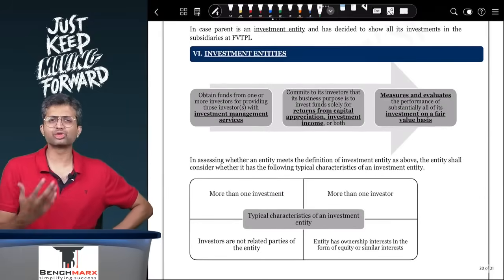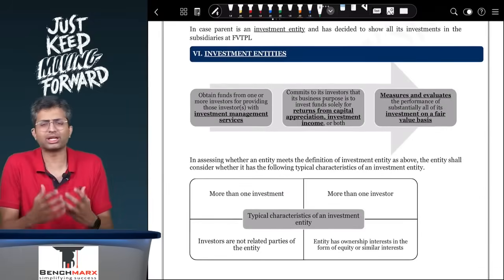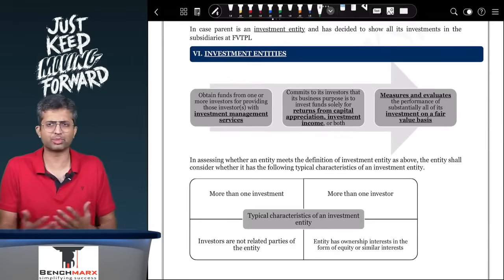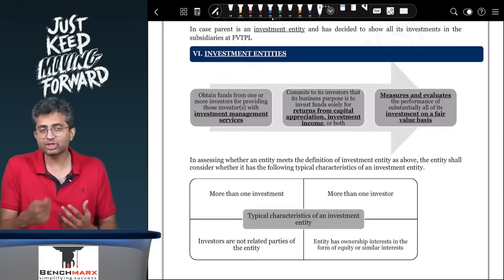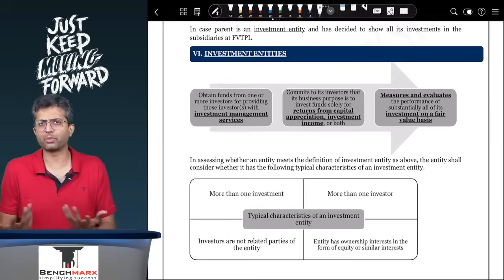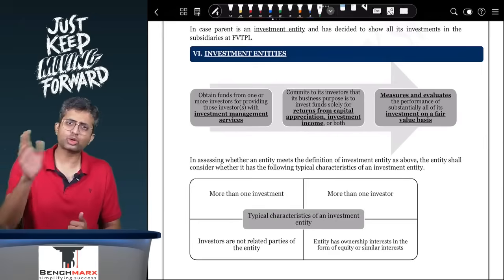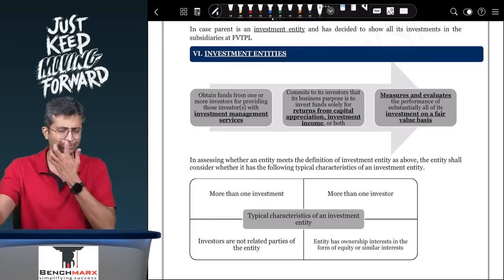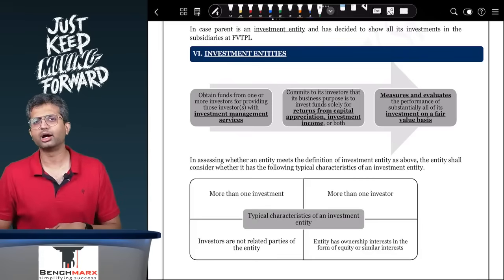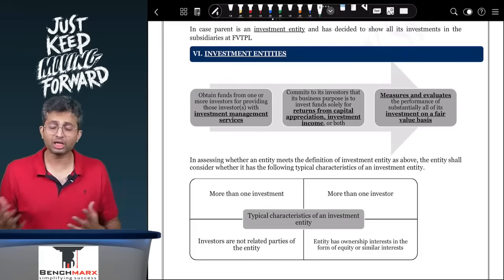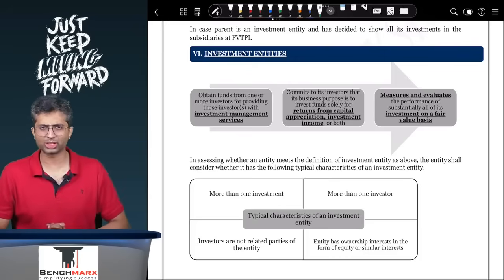There's also an exemption pertaining to investment entities. So if your entity is an investment entity like a venture capital fund or a private equity fund, in which case you assess the performance based on fair value, and hence you can show these investments at FVTPL rather than following the full consolidation method. When is a particular entity an investment entity?